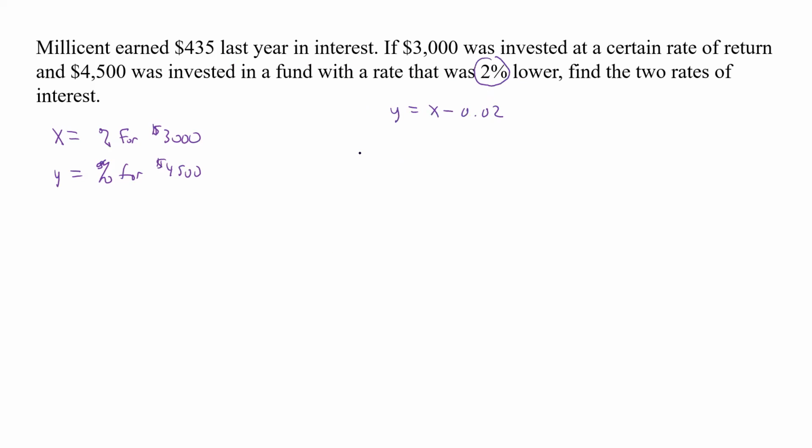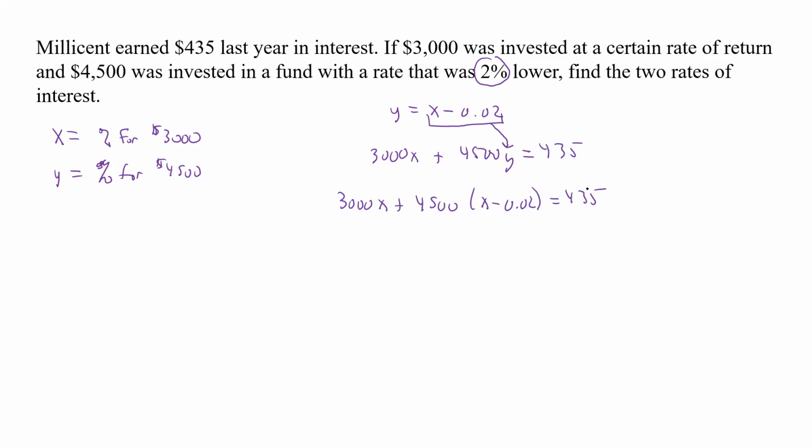Well, we know if we take X times 3,000 plus the 4,500 times Y, we got 435 total dollars. Now we've already got the equation set up here, so we can just plug that right in, and we get 3,000x plus 4,500 times (x minus 0.02) equals 435.